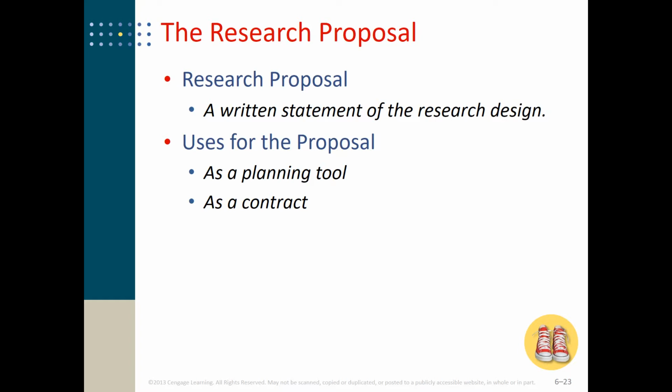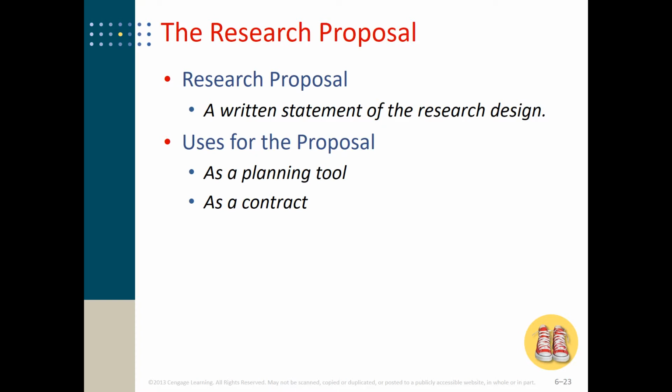Now, a research proposal can be used as a planning tool, and also it can be used as a contract. As far as the planning tool is concerned, as I said, the research proposal is a very elaborate explanation of how the research should be done. So it forces the researcher to critically think how each stage of the research will be conducted and write it down.